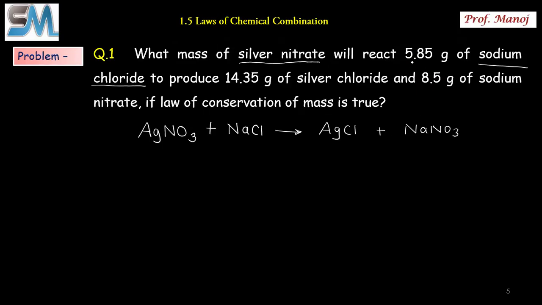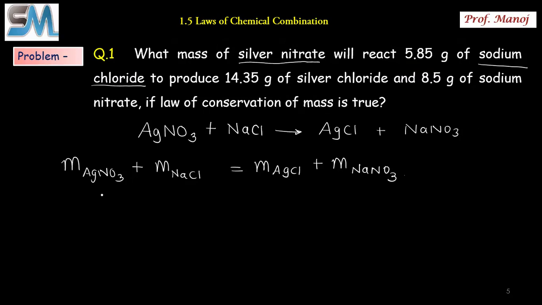This is going to produce silver chloride and sodium nitrate. So read the data given to us. We can use the law as mass of silver nitrate will combine with mass of NaCl, producing mass of silver chloride plus mass of NaNO3. I have used simply the law of conservation of mass.